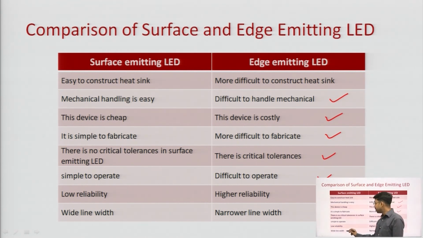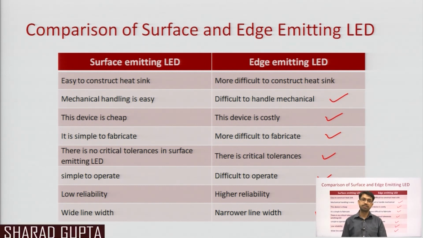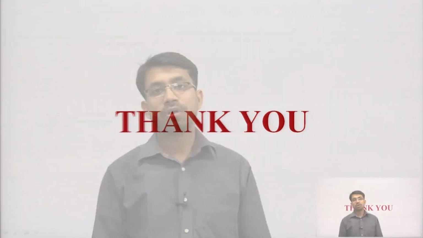Also their line width is wide, and in edge emitting LEDs we can get a narrower line width. We can get a narrow beam of light in edge emitting LEDs. So these are the major differences between these two kinds of LED structures, surface emitting and edge emitting. So this was all about LEDs.